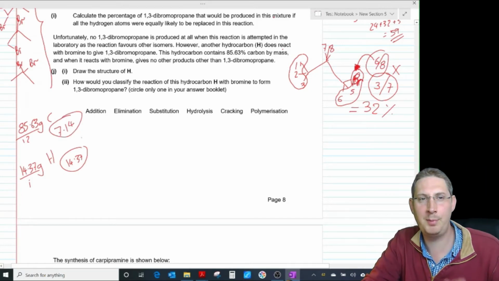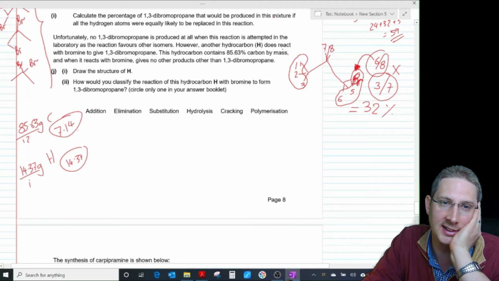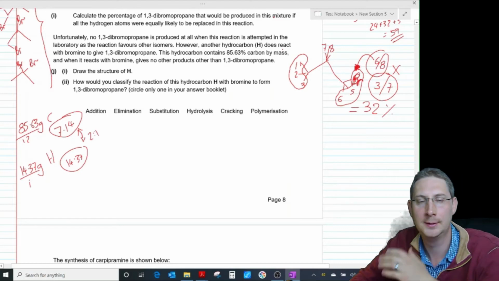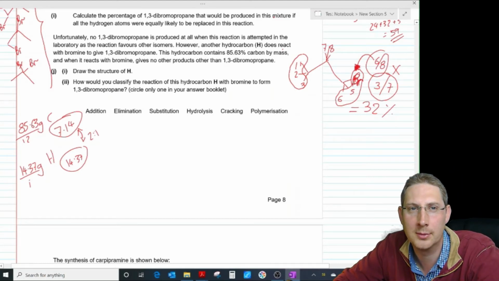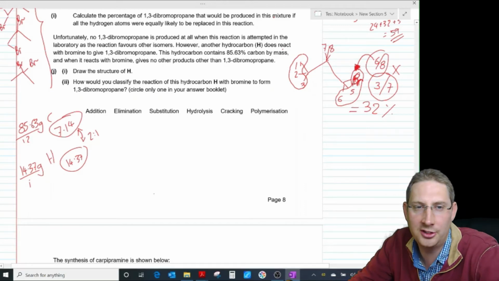I'm going to basically just assume that that is a 2-to-1 ratio. Can I do that? Yeah, I'm just going to assume that's a 2-to-1 ratio.